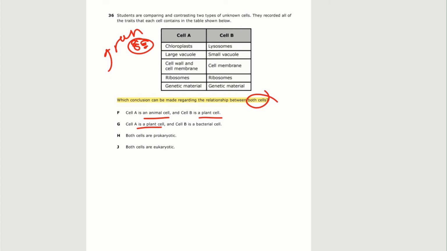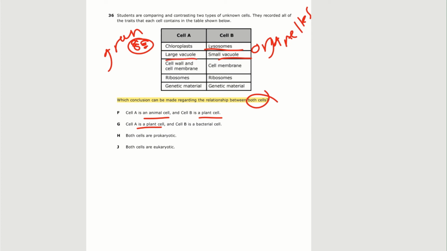B is a bacteria. It says lysosome, vacuole. What are those again? Organelitos chiquitos. Do bacteria have that? No. So, both cells are prokaryotic. Both cells are eukaryotic.